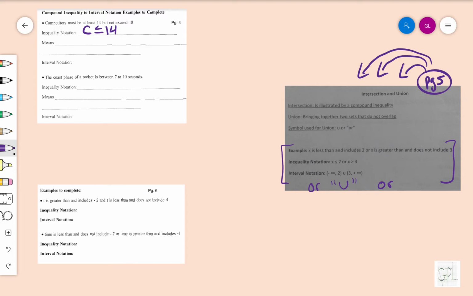Let me see, must be at least 14, but not exceed 18. This says here, I want all numbers that are less than or equal to 14. That doesn't make any sense, so we don't want that one.